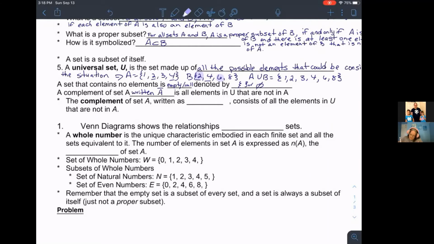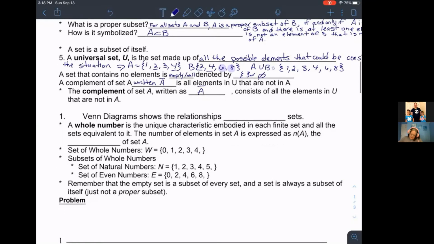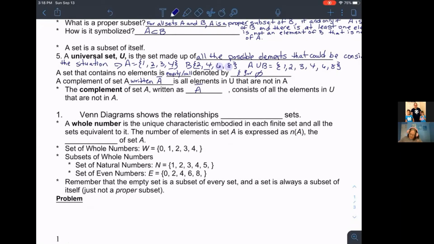So all the elements in the universal set that are not in A. So it would be 6 and 8. Sorry. The 6 and 8 are not in A. So the complement of set A is written as A with the line over it. That consists of all the elements in U that are not in A.